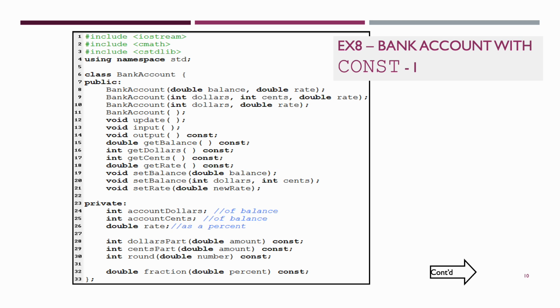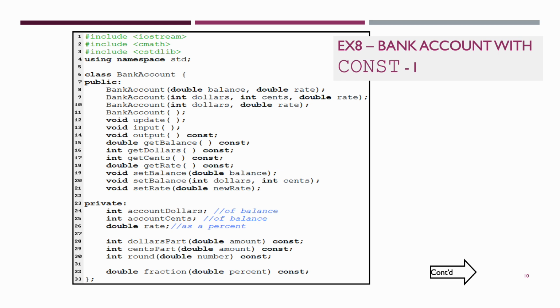It allows initializing the account balance with separate dollar and cent values as well as an interest rate. Then another one is bank account integer dollars, double rate, which initializes with only dollar values and the rate. These constructors provide flexibility in how you create instances of the bank account class.